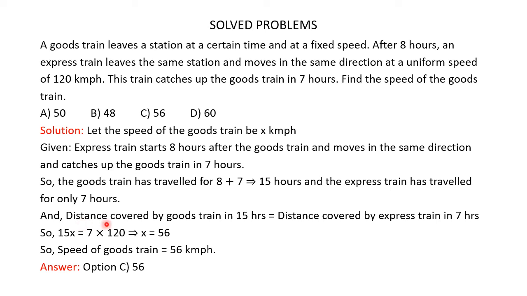So distance covered by goods train in 15 hours is equal to distance covered by express train in 7 hours, means 15x is equal to 7 multiplied by 120. On solving this, we get x is equal to 56. So the speed of the goods train is 56 kilometers per hour. So the correct answer is option C, 56.